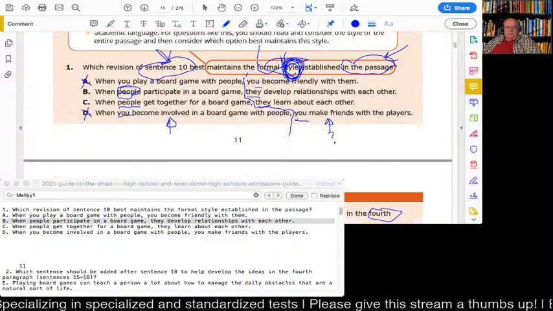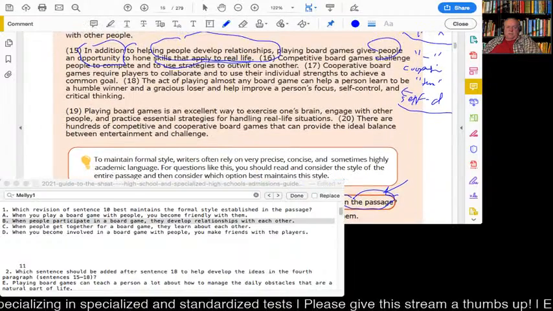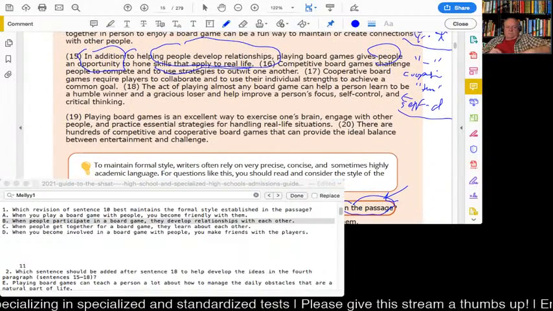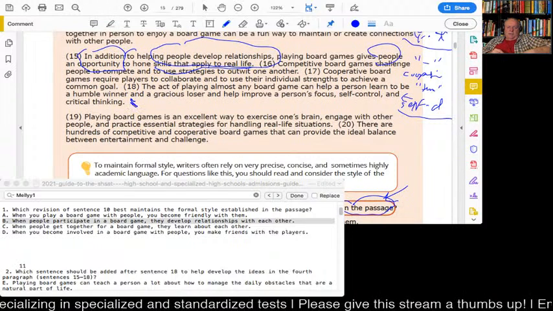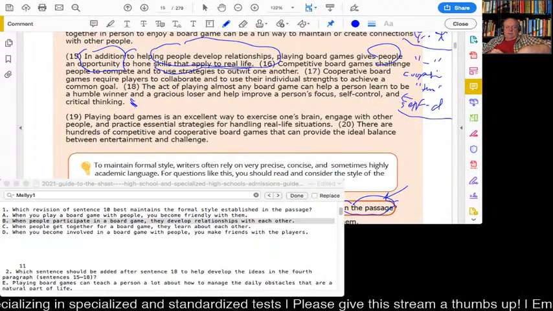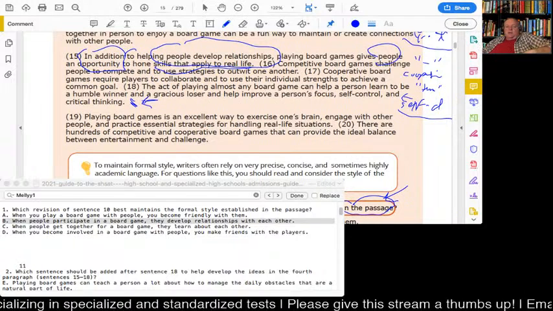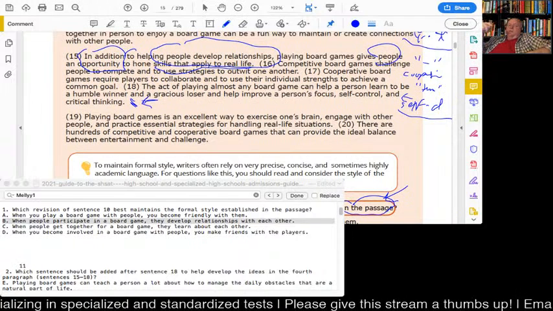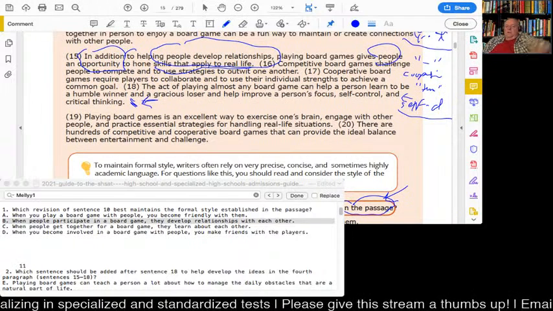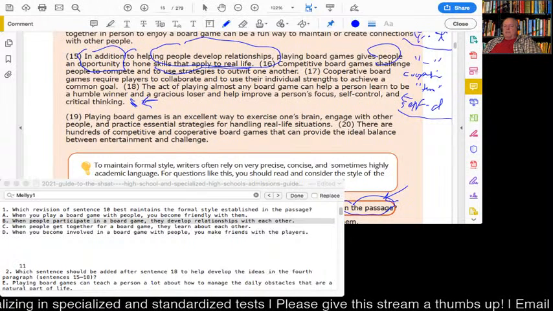All right, so if we go back to 15 to 18, what did it say? After sentence 18, we're looking at the end of this paragraph right there. What can be added there as a concluding sentence to this paragraph only? Sometimes a clue is that the answer should have a transition word.